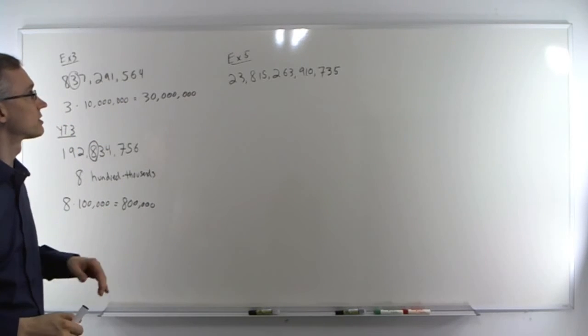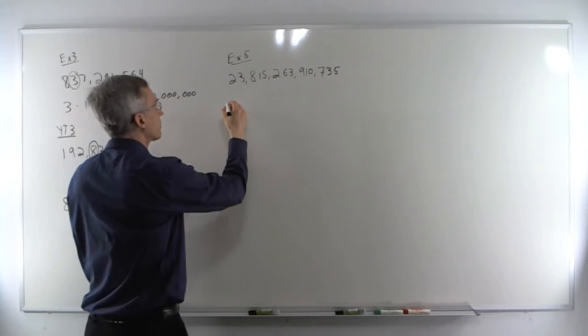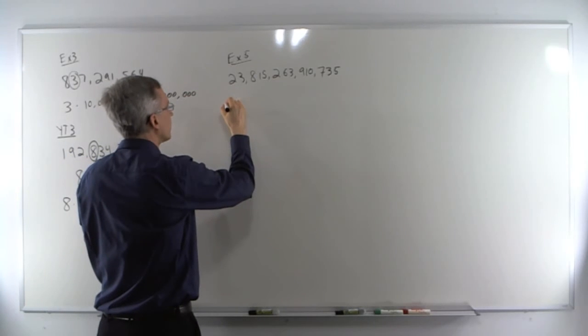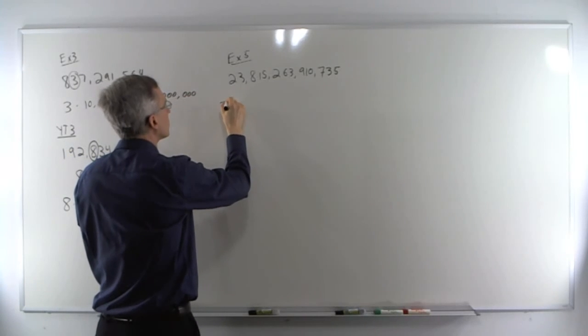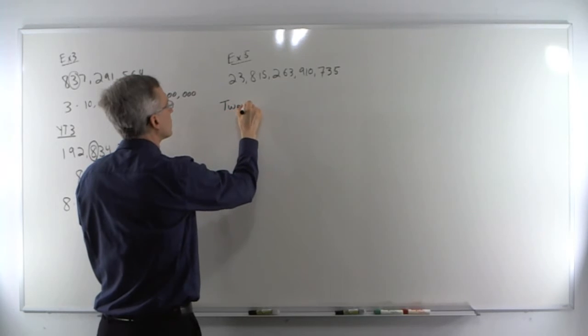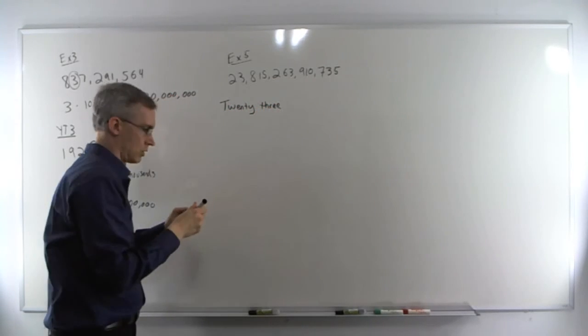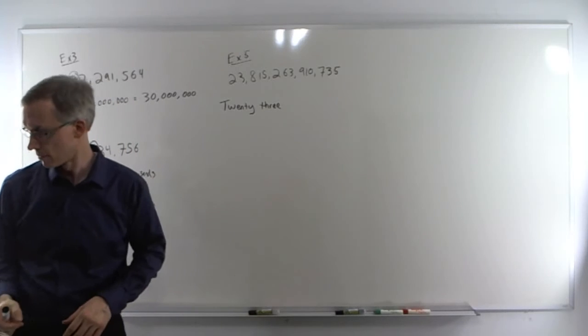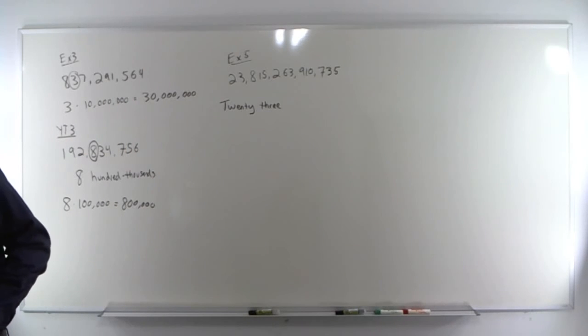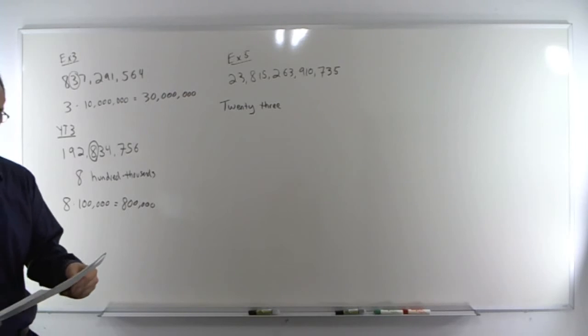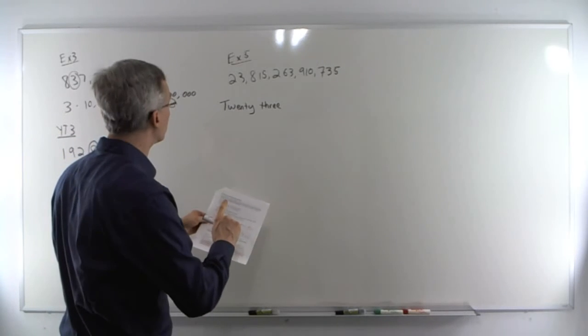Right now each one of these is going to have a specific meaning. So we'll take this 23 here and write it out as a word name. Now let's look at where on this chart it lies.